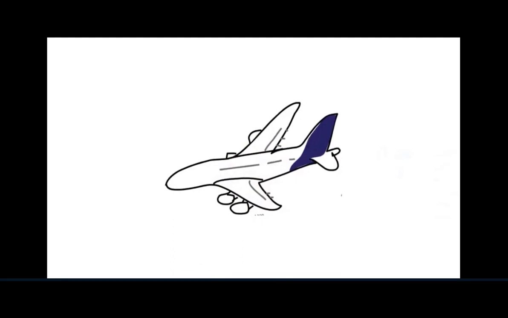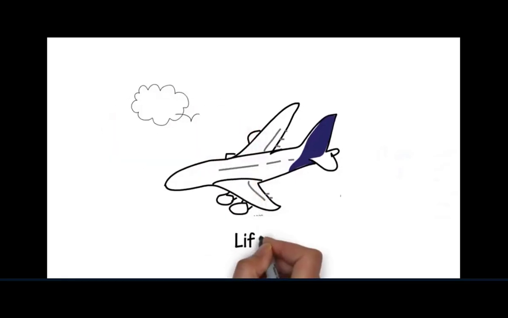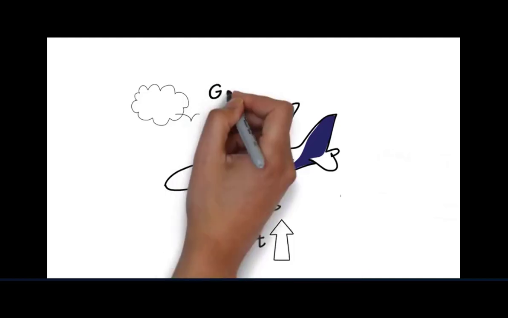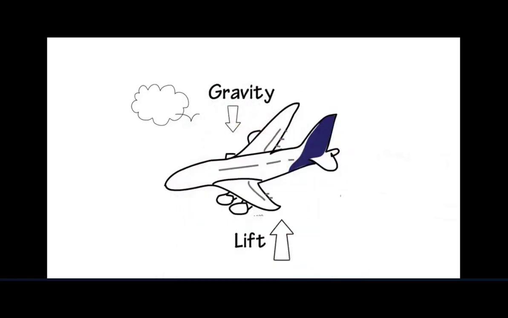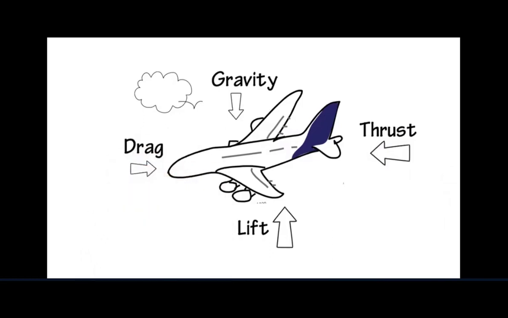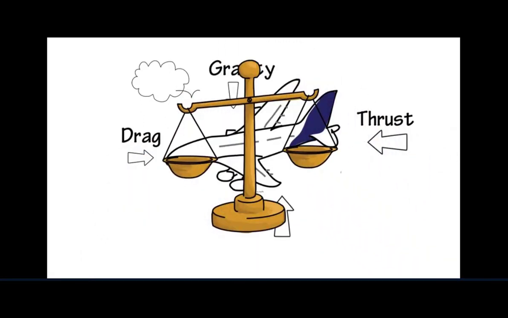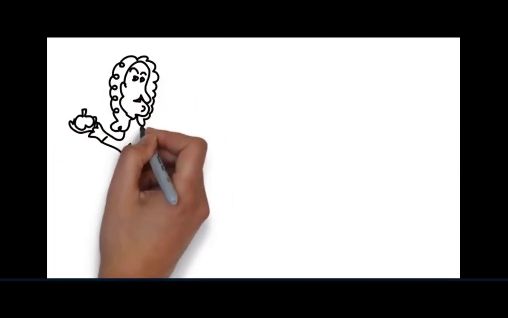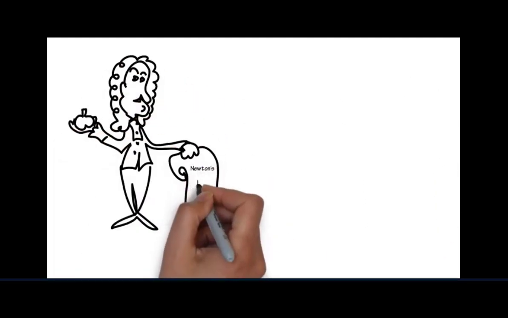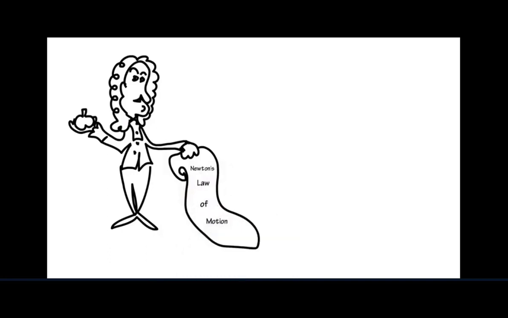to reduce drag. So to recap, a plane can stay in the air once the four forces, lift, gravity, thrust, and drag, are kept at the right balance. Essentially, the plane needs to have no net force acting on it, which means that each of the forces balance each other out. Let's consider one more law, Newton's law of motion.